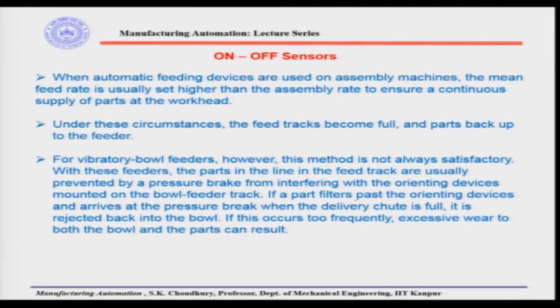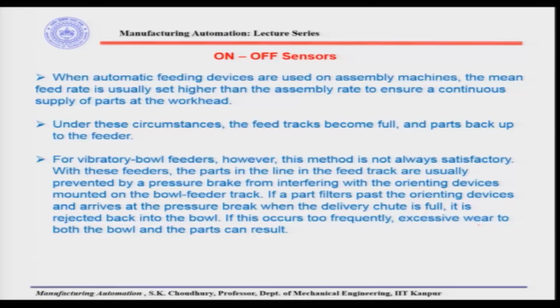The pressure brake must not interfere with the orienting devices mounted on the bowl feeder track. If a part filters past the orienting devices and arrives at the pressure brake when the delivery chute is full, it is rejected back. So, suppose the conveying velocity is set a little higher.